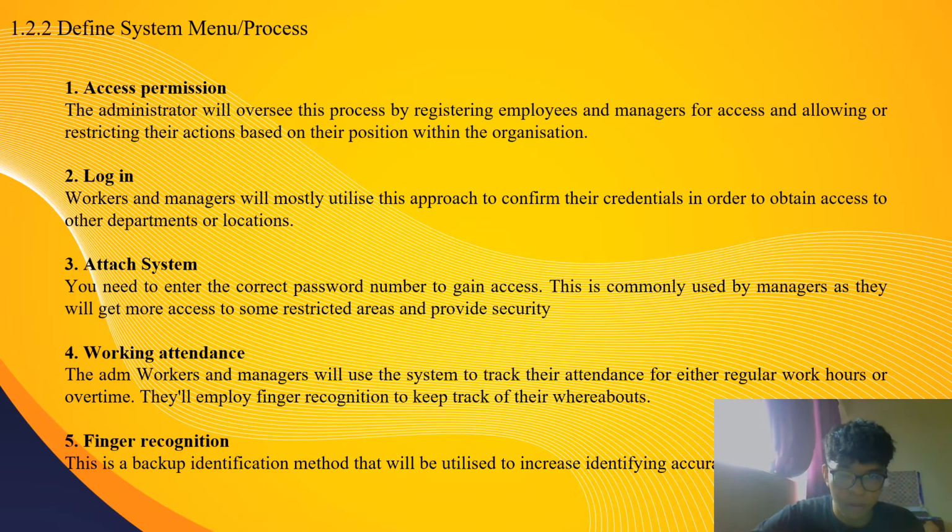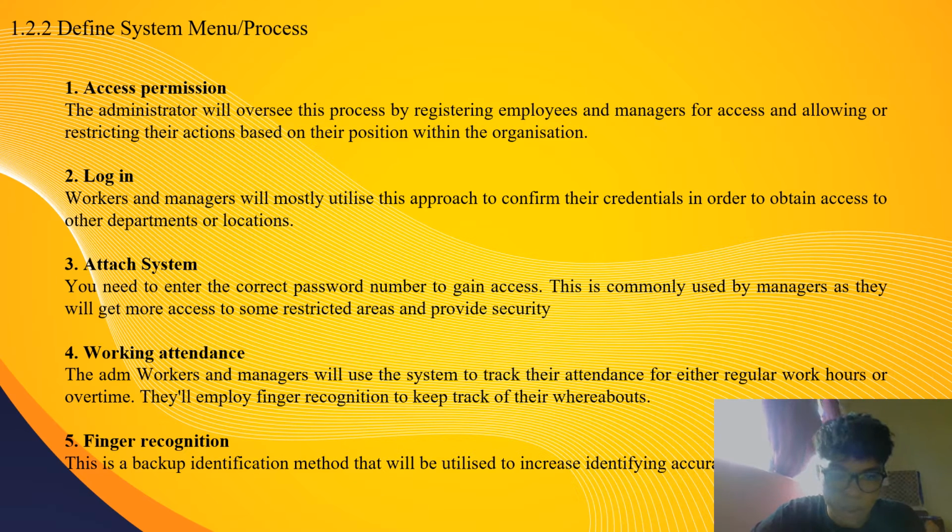Define system menu and process. Access permission: the administrator will oversee this process by registering employees and managers for access and allowing or restricting their actions based on their position within the organization.